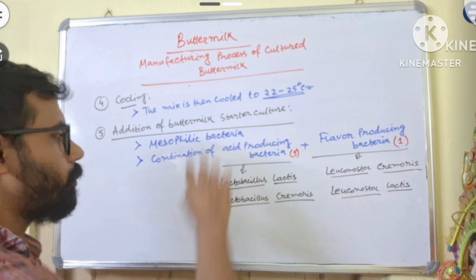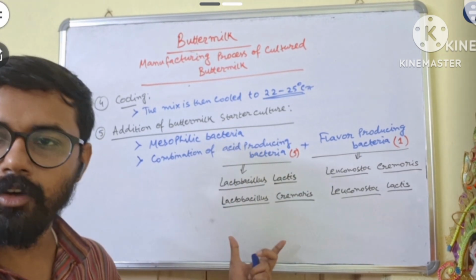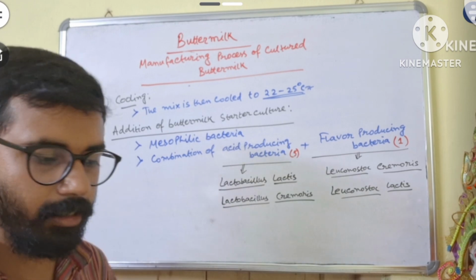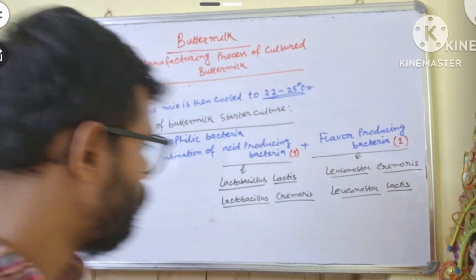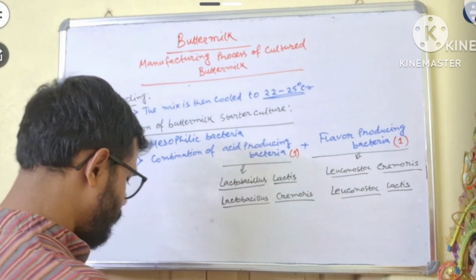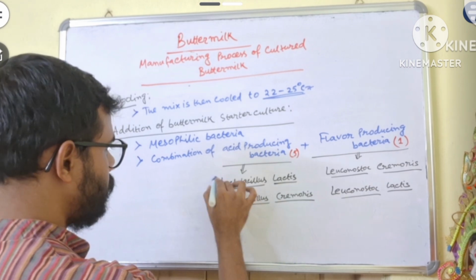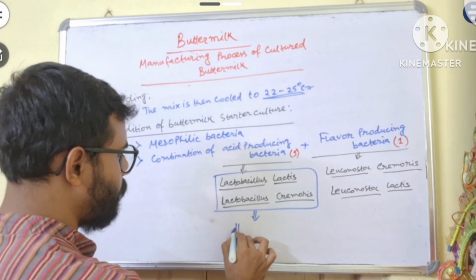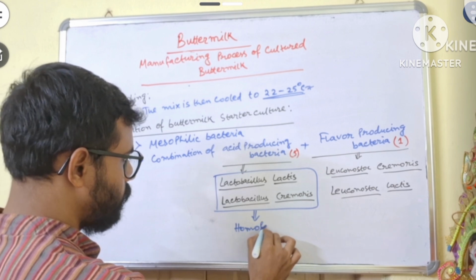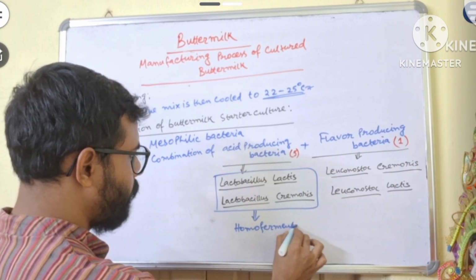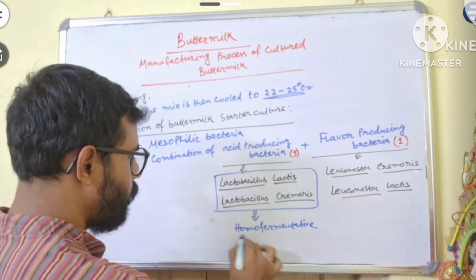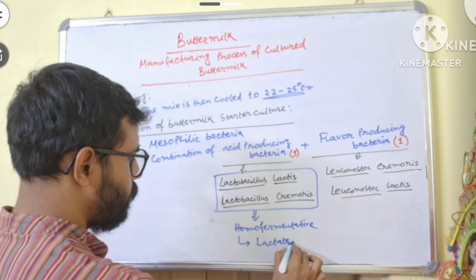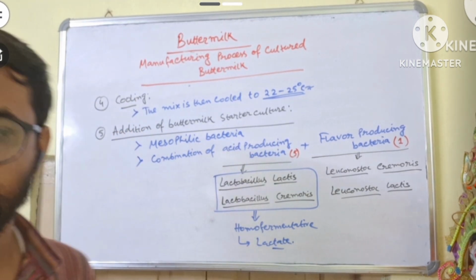So they are called acid producing bacteria because they are solely homofermentative bacteria. That's why it produces only lactic acid, yes or no? Why are they called lactic acid bacteria, acid producing bacteria? Because they are homofermentative in nature and produce only lactic acid.